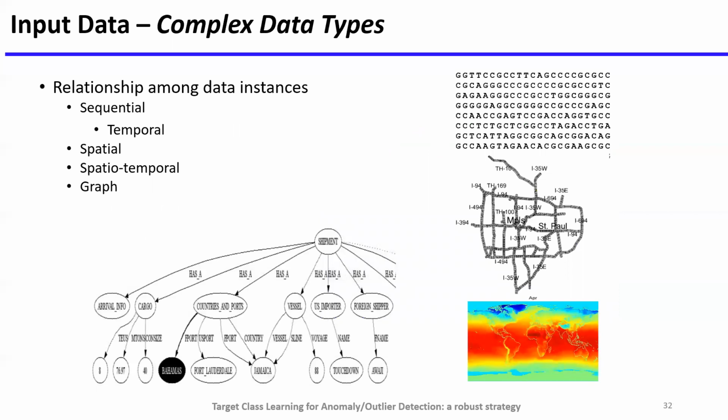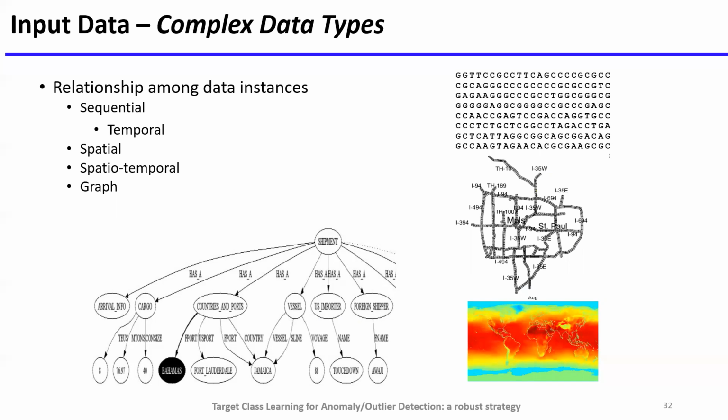Input data is also referred to in terms of its complexity, and that is the relationship among the data instances. Sometimes the data instances are sequential, because they have temporal characteristics. Sometimes the data instances are spatial, or spatio-temporal, or sometimes graph data.